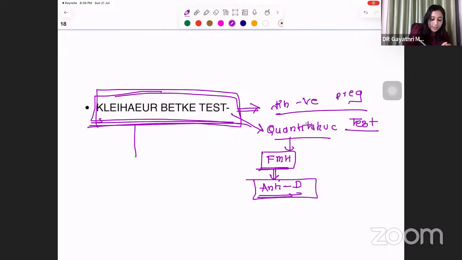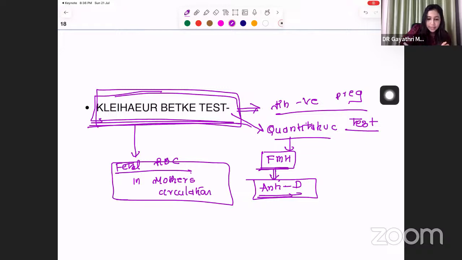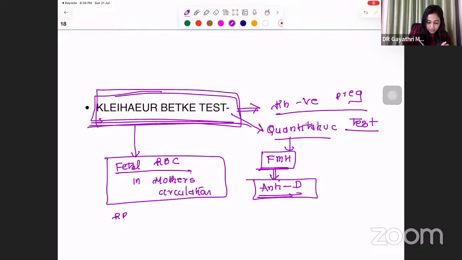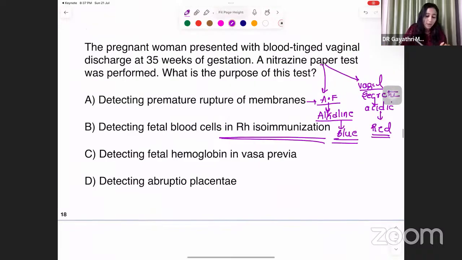So again, this is basically testing for the fetal RBC in the mother's circulation. The main principle of this test is that fetal RBC is resistant to denaturation. So you might have heard a very similar test, which is given in the next option.